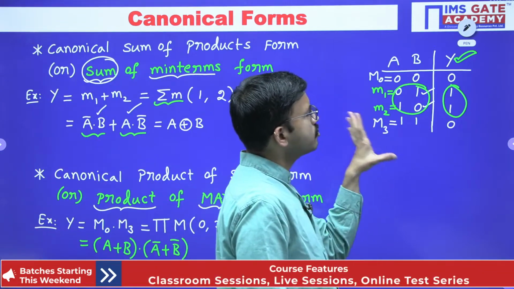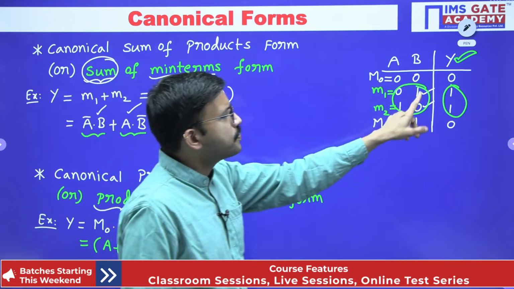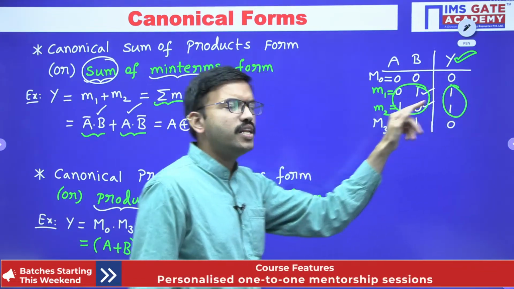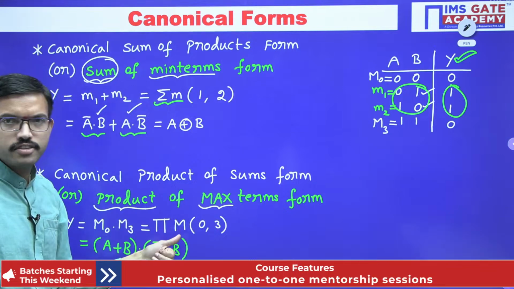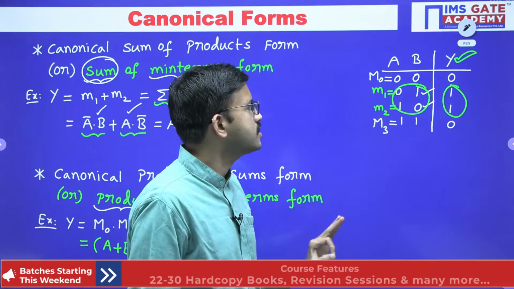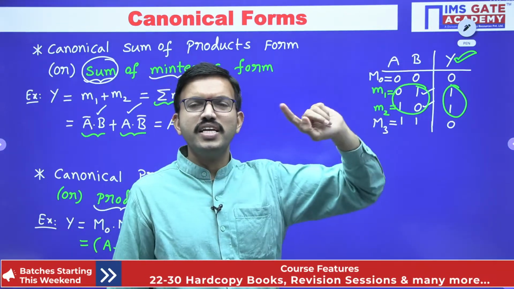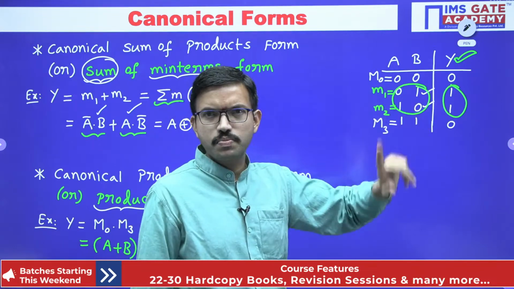That's why I told you earlier, whenever you have a truth table, you can represent each and every output variable either in the first form or in the second form, but both are equivalent. Ultimately, for each output variable the output is either 0 or 1.